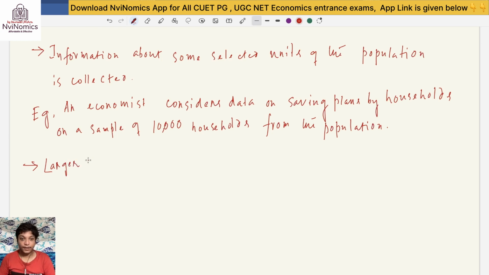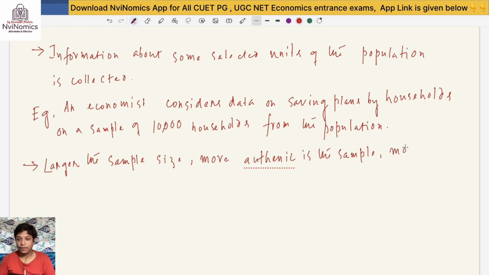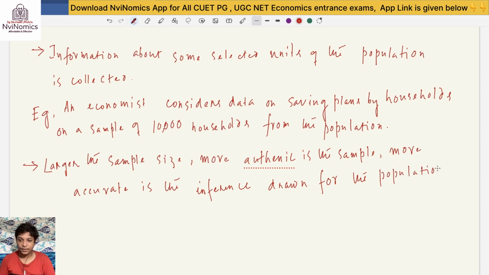Larger the sample size, more authentic is the sample and more accurate is the inference drawn for the population.